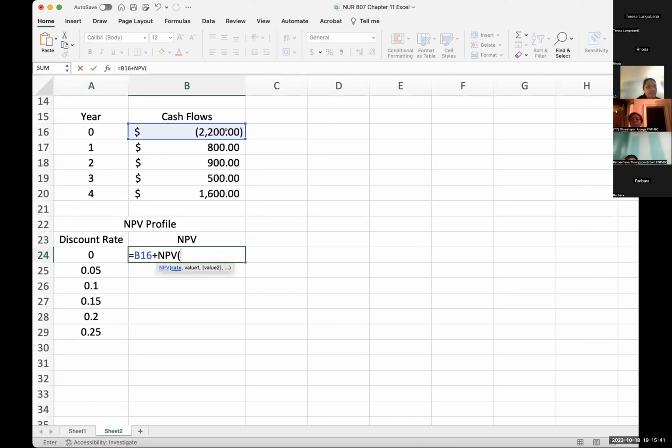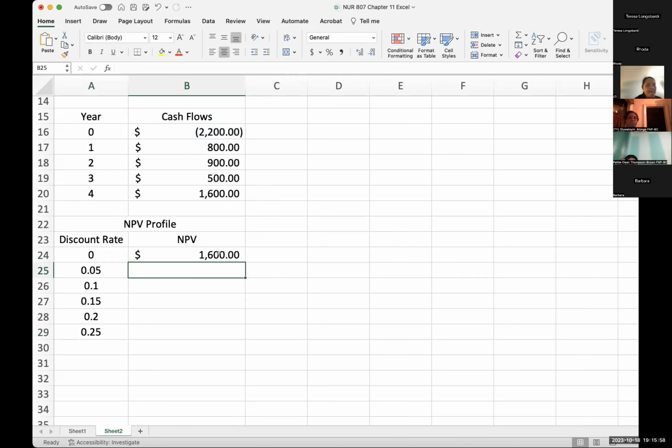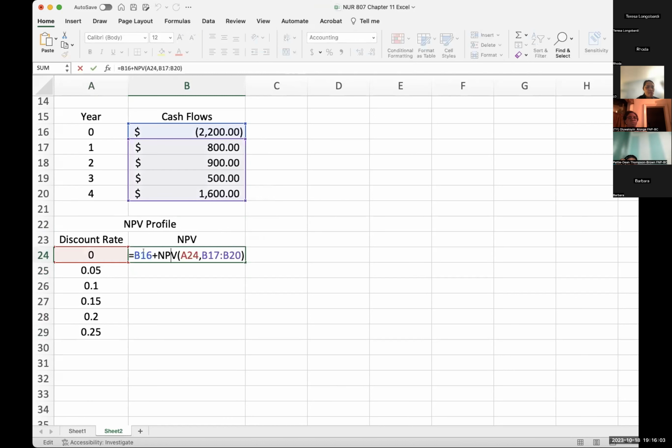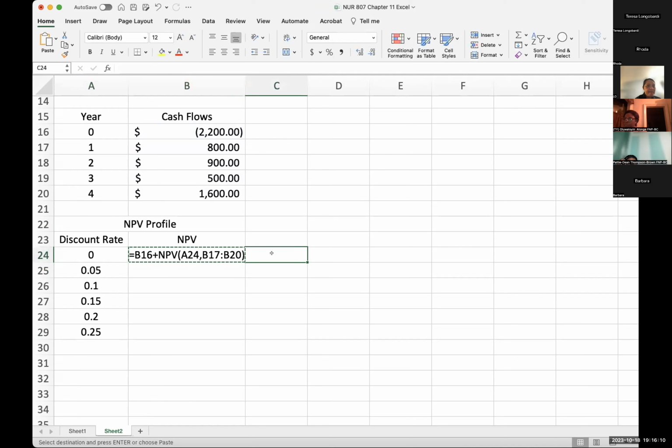NPV. So you see where it says rate? I'm going to touch here. So I wanted to use the rate in that column. And then I'm going to touch these. And that gives you the 1600. So I'll put the formula beside, so you can see that.